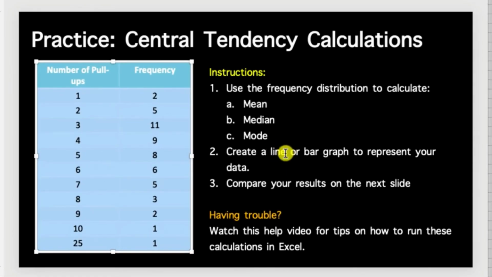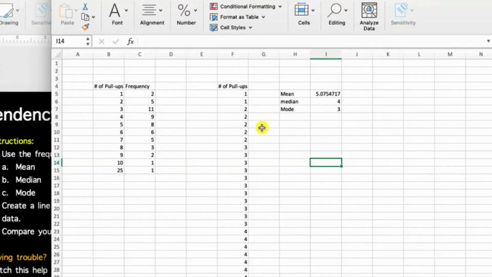The other set of instructions on here is to create a line or a bar graph to represent your data. Similar to activity 1, when we built a graph off of a simple frequency distribution table, we're going to highlight our frequency column.